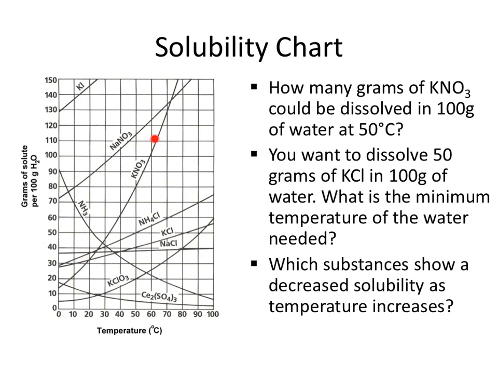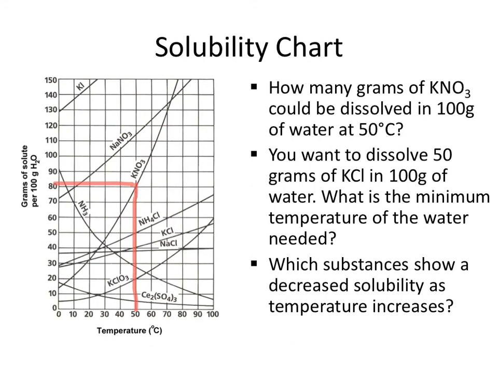So potassium nitrate is this line here, and we're doing it at 50 degrees. So we're going to go up the 50-degree line to the potassium nitrate line, and then go out from there. And so we'd be able to dissolve about 80 grams of potassium nitrate in 100 grams of water at 50 degrees Celsius.